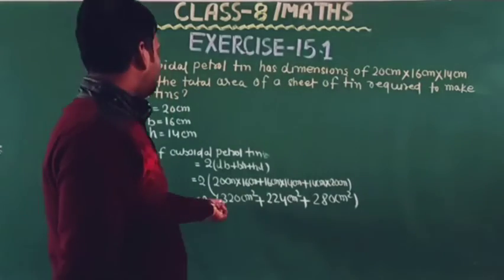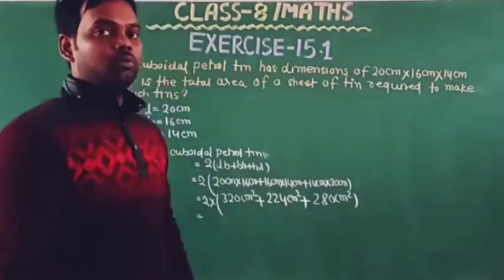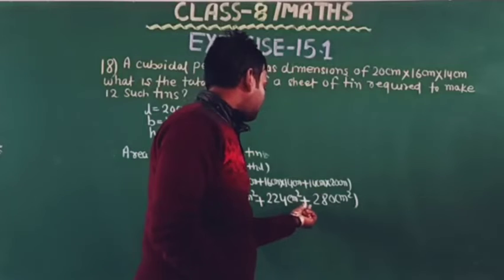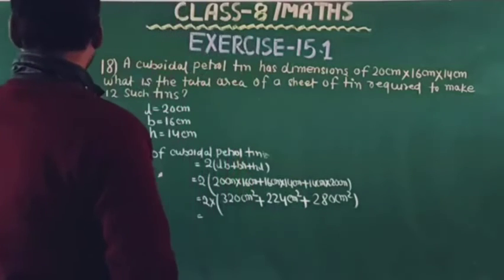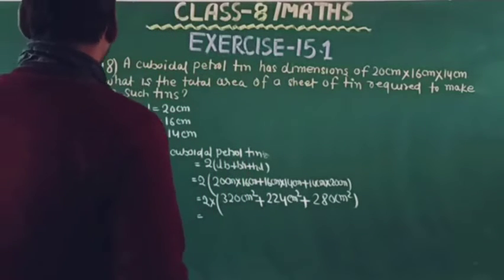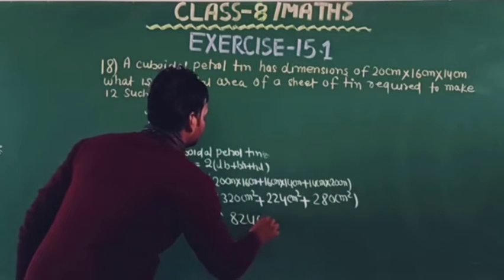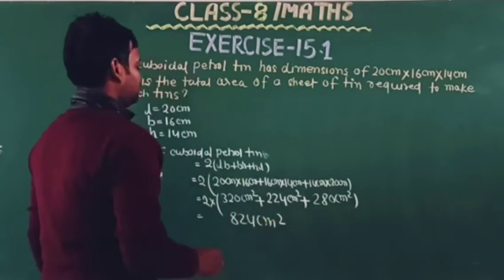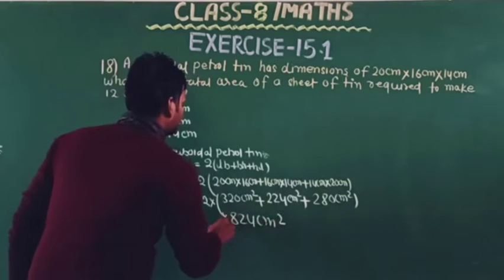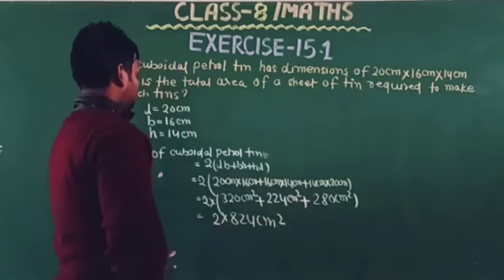Now adding 320, 224 and 280 centimeter square, we get 824 centimeter square.